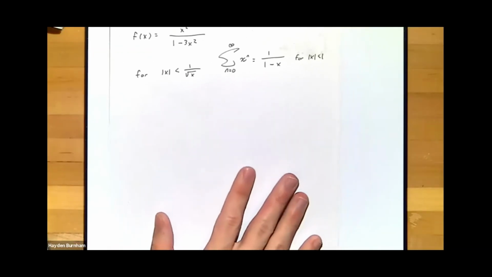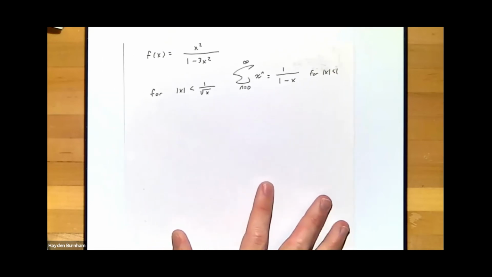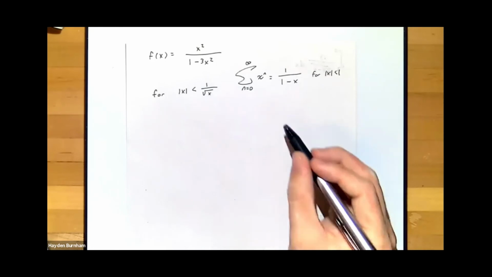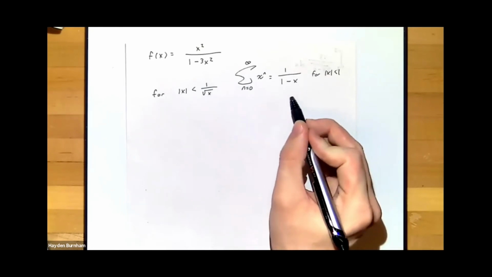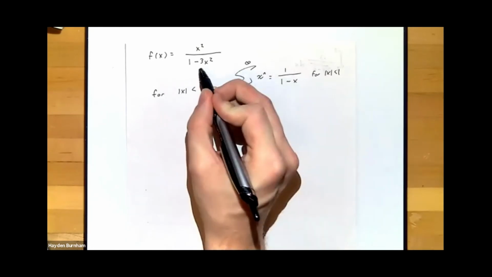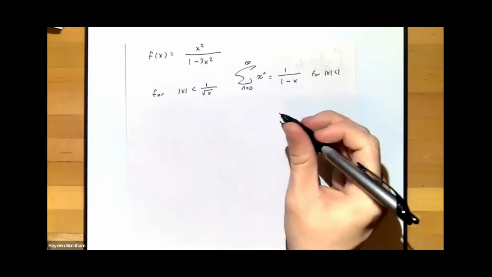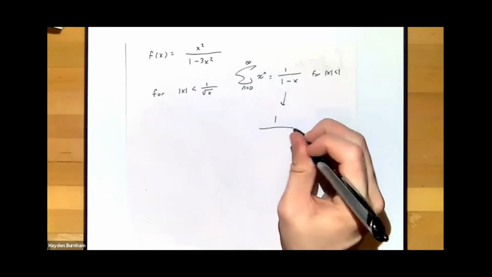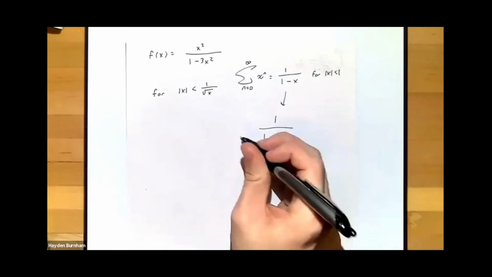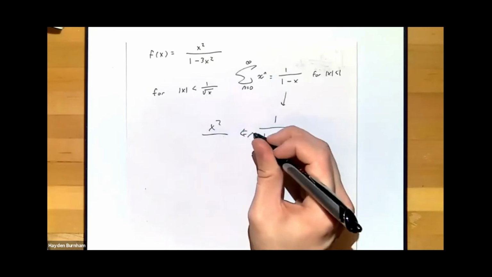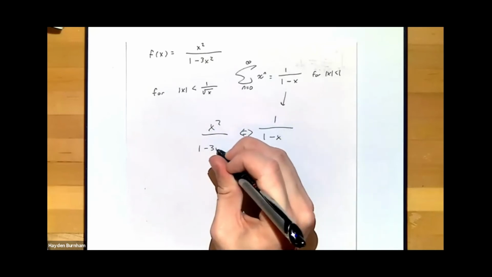I wrote that up right here. So we're given this formula, and we're going to use it to represent this. First things first, I'm going to look at this: we have 1 minus x squared, 1 minus 3x squared.